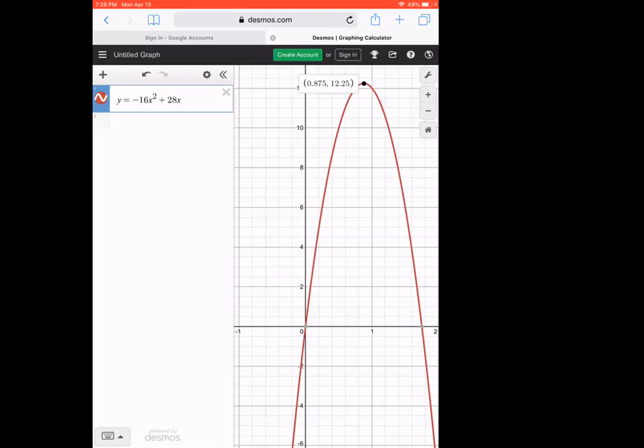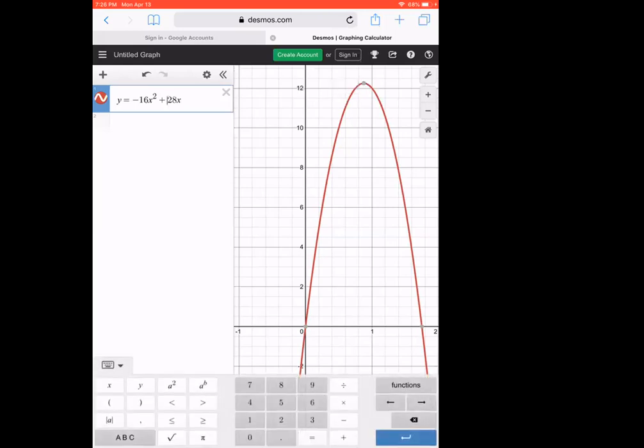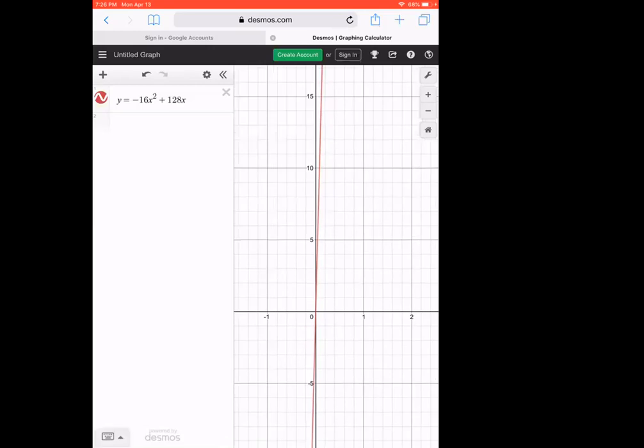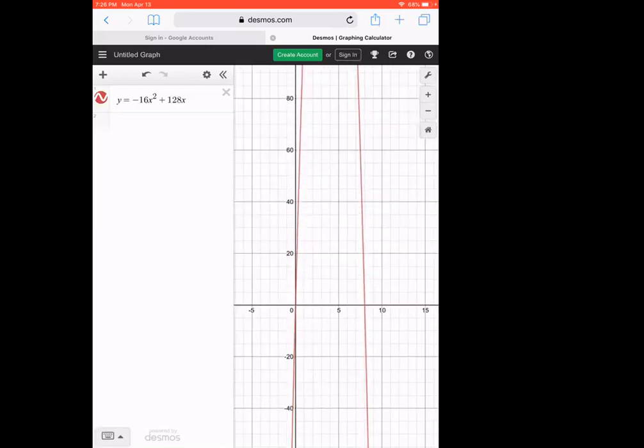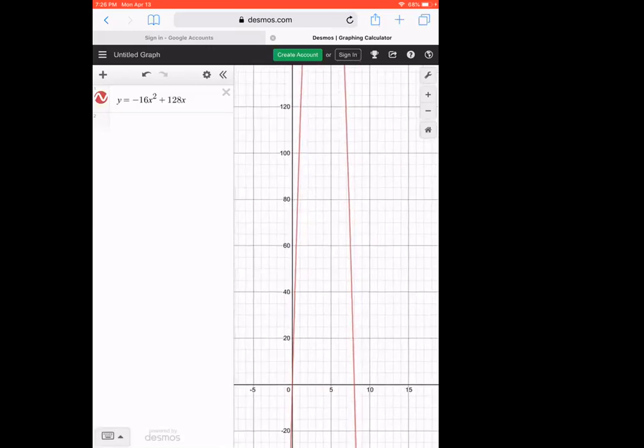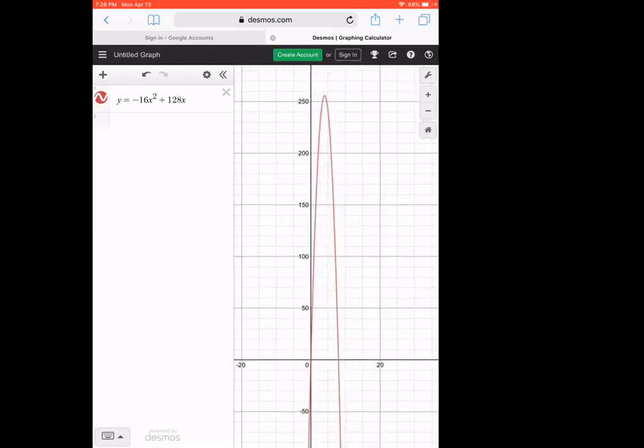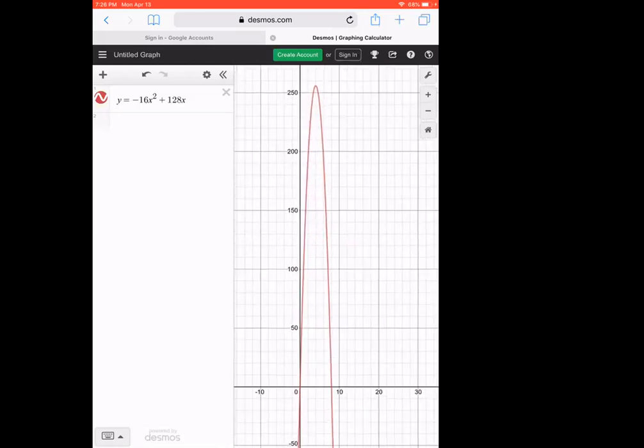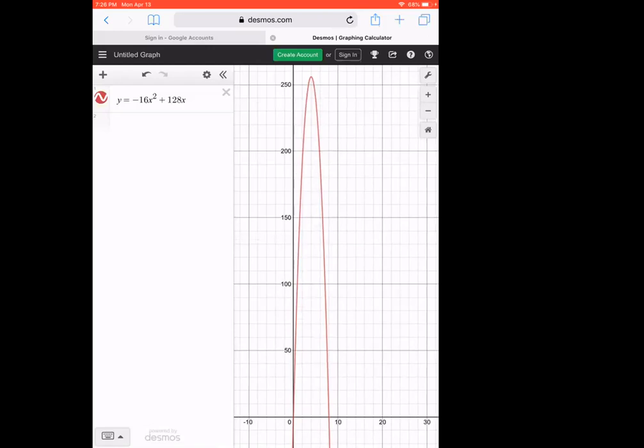Okay, so now I have, oh, you know what? I just realized my equation's wrong. Should be 128t. I had 28. Sorry, I'm going to have to change my scale. All right, so looks like I need all of this for my y's, but my x's, I'm going to go up to 10.